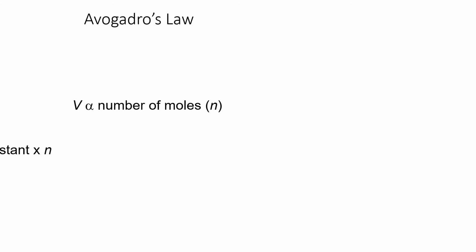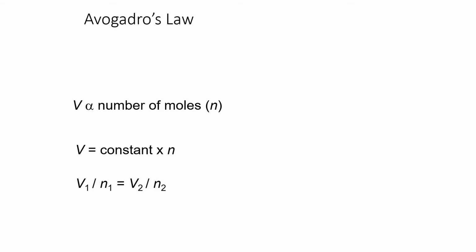Another law that we're going to look at is called Avogadro's law, and this relates volume and number of moles. So there is a direct relationship between volume and number of moles. So volume equals a constant times n, or the number of moles.